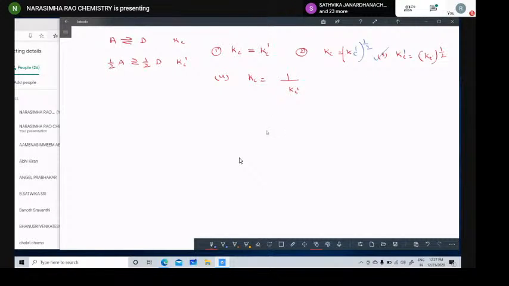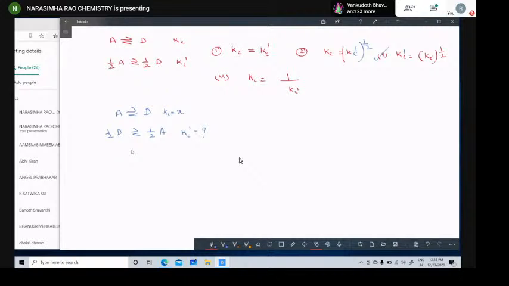Clear now? Anybody have a doubt? No, sir. Now I am asking a question, children. In case of A in equilibrium with D, this is 1/2 D in equilibrium with 1/2 A. This is X, Kc is equal to X. Here for the new constant, Kc dash is equal to how much?